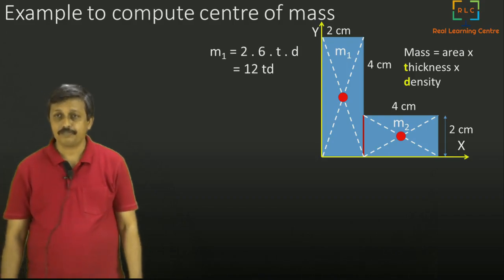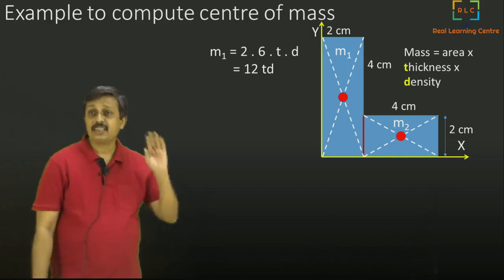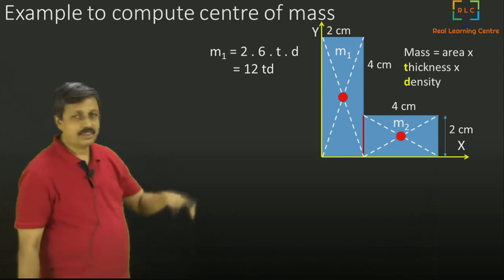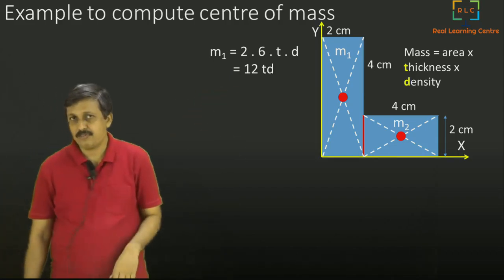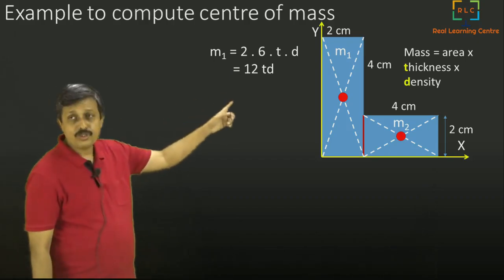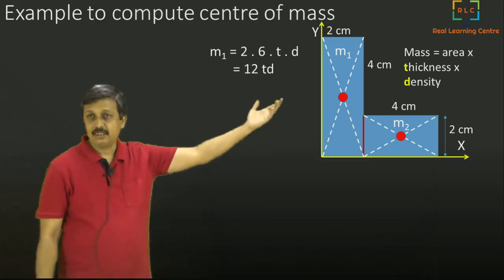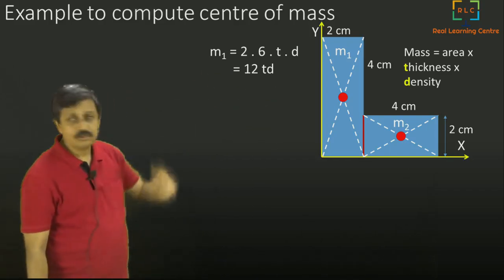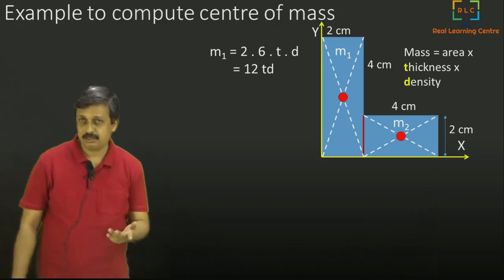So for m1, what is the mass? It's area times thickness times density. Instead of writing times, I am writing dots here, just to avoid confusion with x. So m1 is equal to 2 times 6, that is length times breadth for that long rectangle, times thickness times density, T.D. 12 TD is my mass 1.